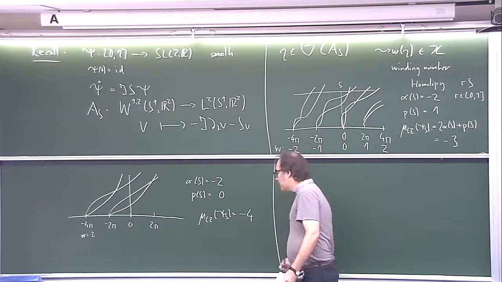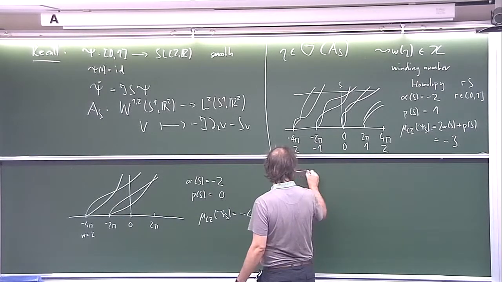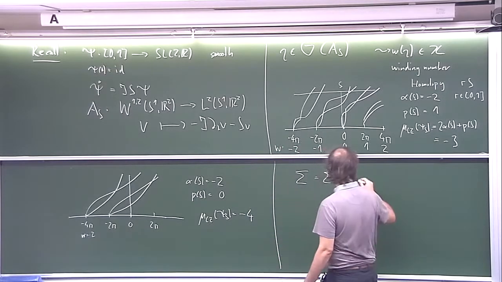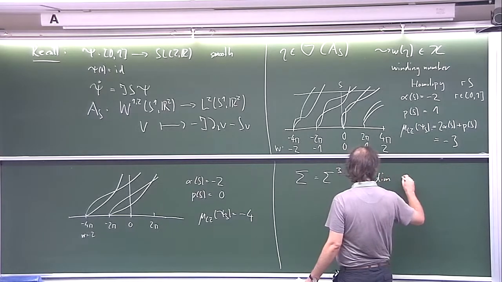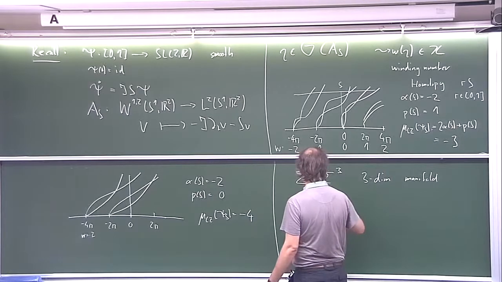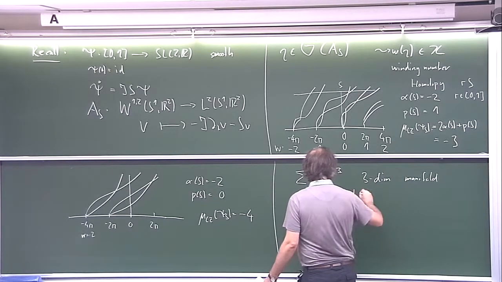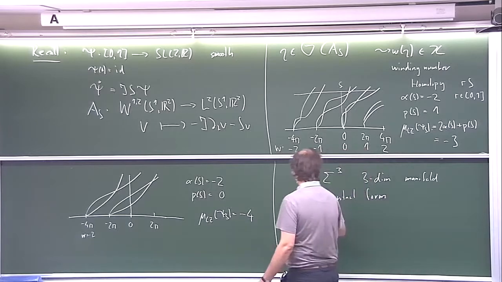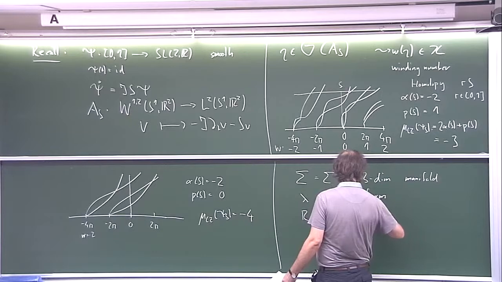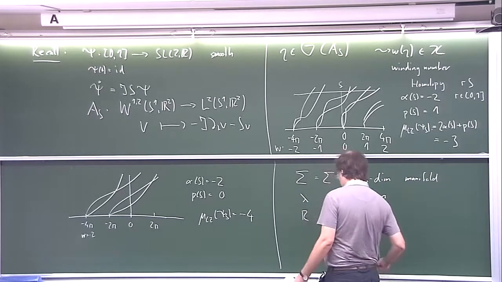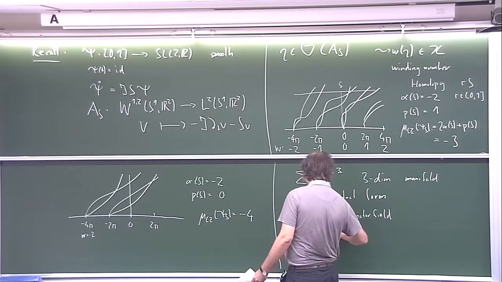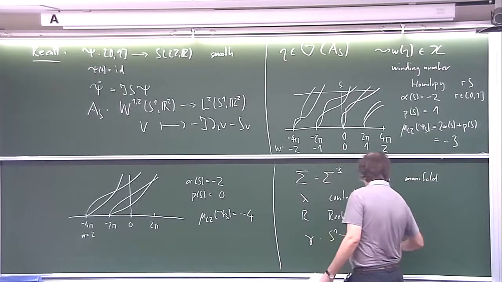Now, if you have a periodic orbit, so if you have Sigma a three-dimensional manifold and lambda a contact form and R the Reeb vector field, and then suppose we have a periodic orbit gamma from S^1 to Sigma, a periodic orbit.